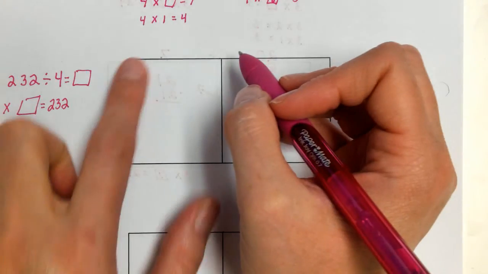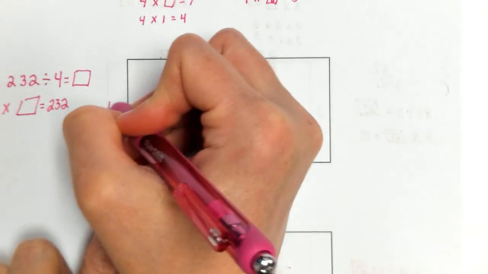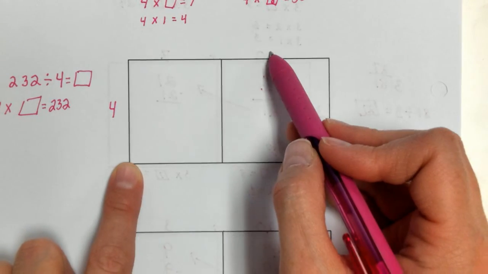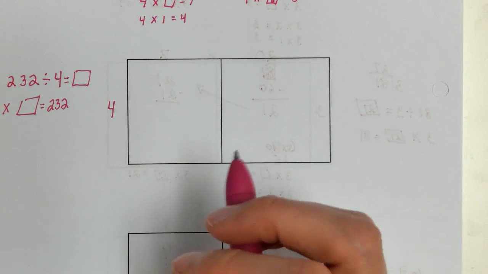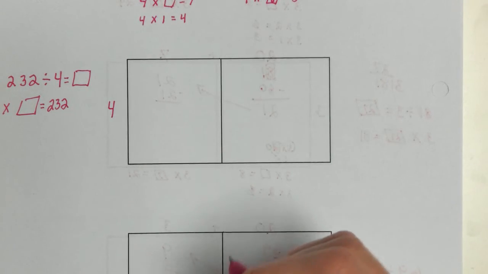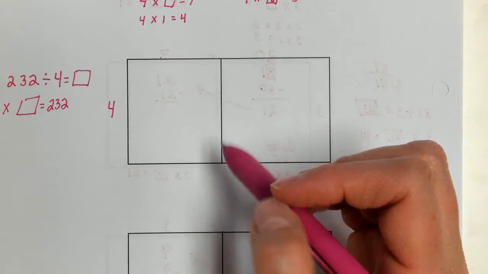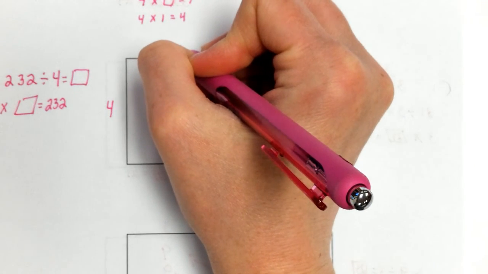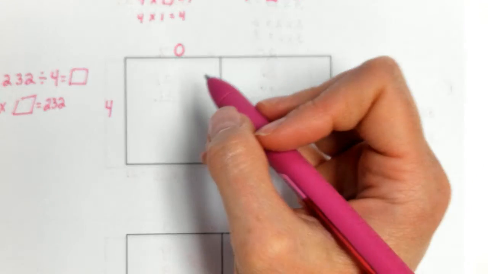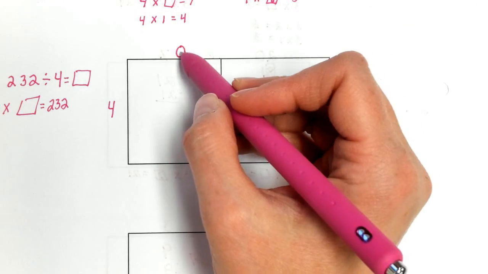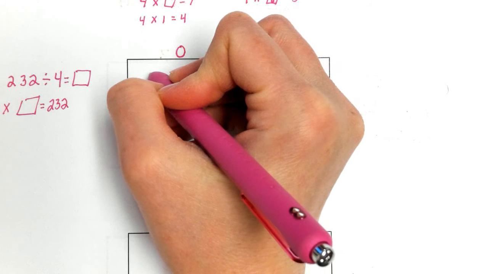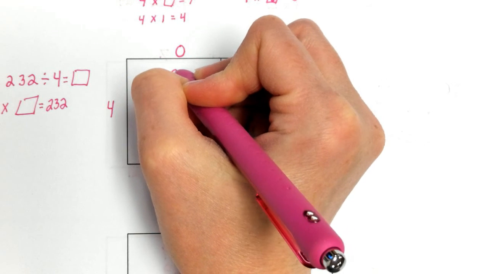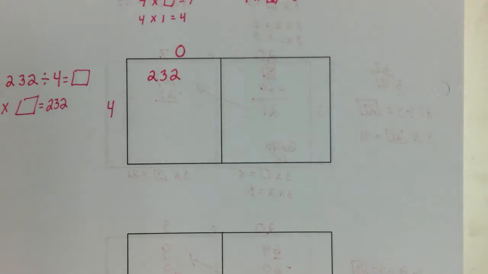So, I write my 4 on this side. This is where my mystery number is going to go. What part of my mystery number do I know? What do I put up here? 0. All right, we'll write it down.